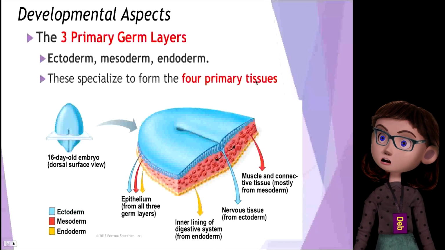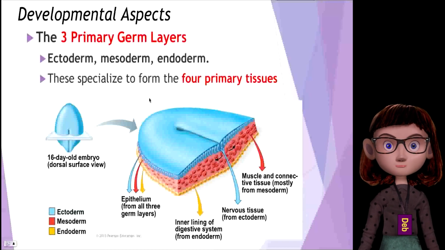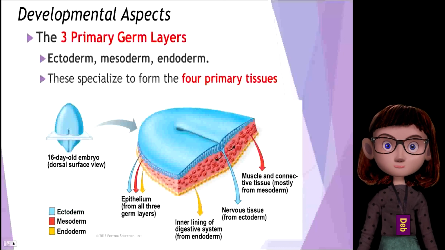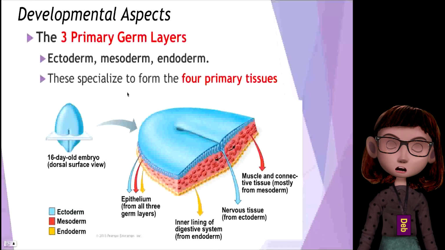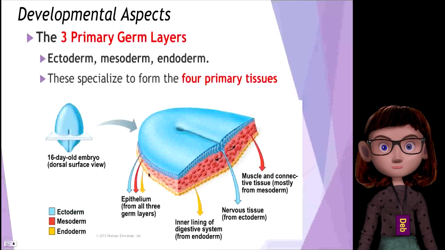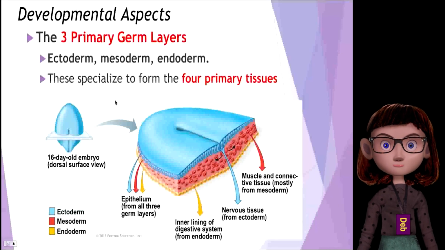If you'll remember the very beginning of chapter 4, we talked about the 4 primary tissue types: epithelial tissues, connective tissues, muscle tissue, and nervous tissue. So scientists are beginning to discover that once these 3 primary germ layers form, it's out of these that we have specialization to form the 4 primary tissue types.